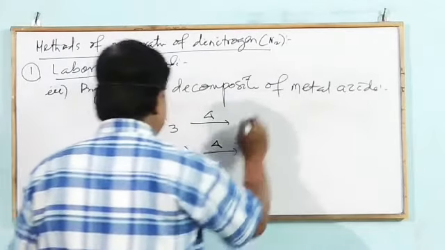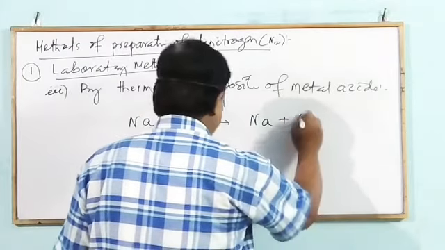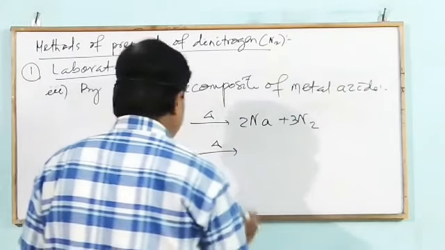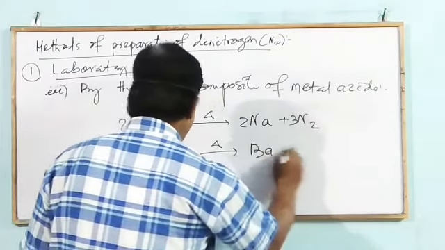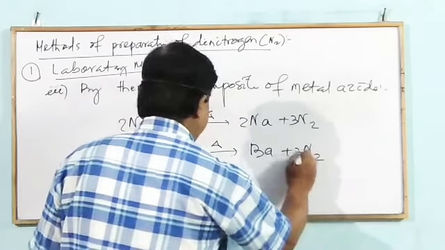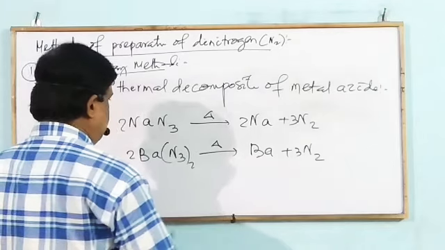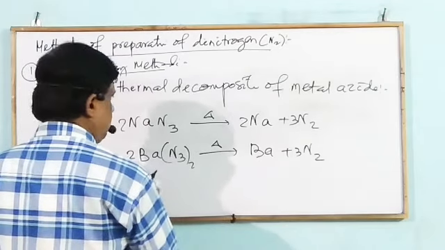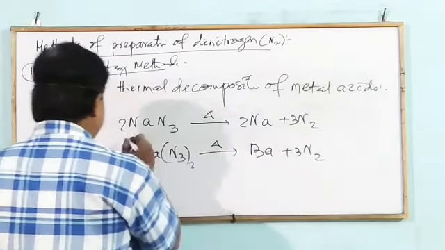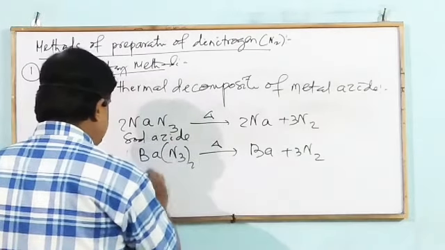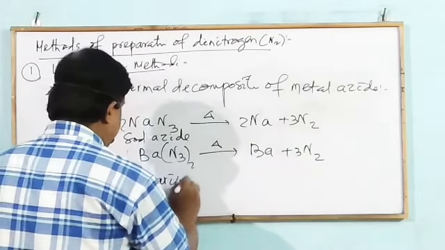Resulting in the formation of dinitrogen. This is known as sodium azide, and this is known as barium azide.